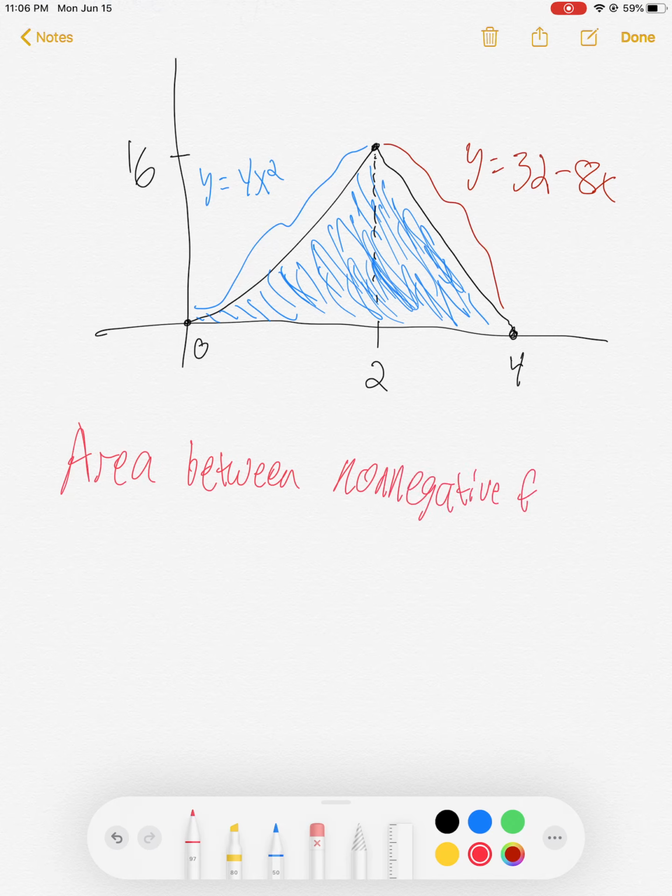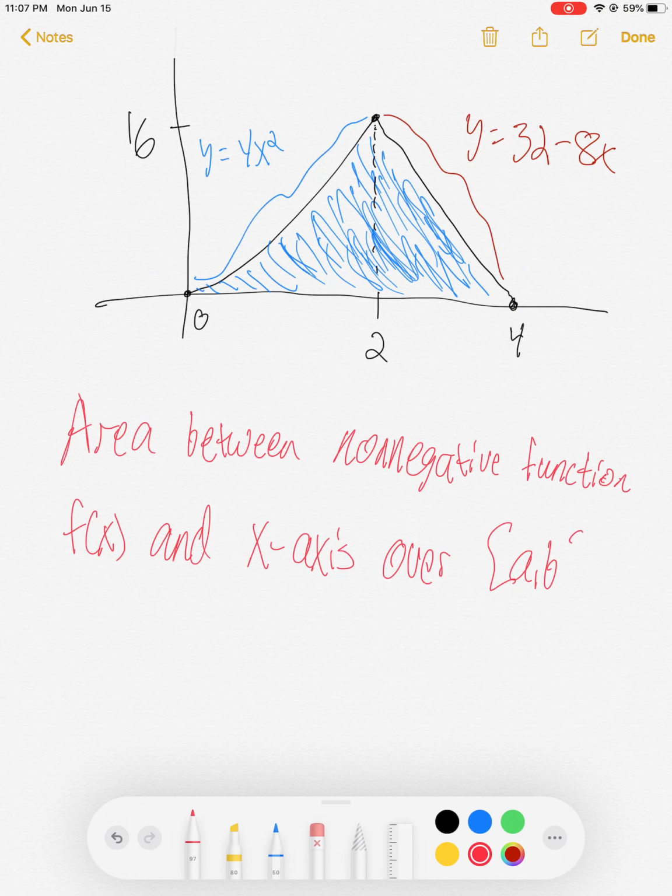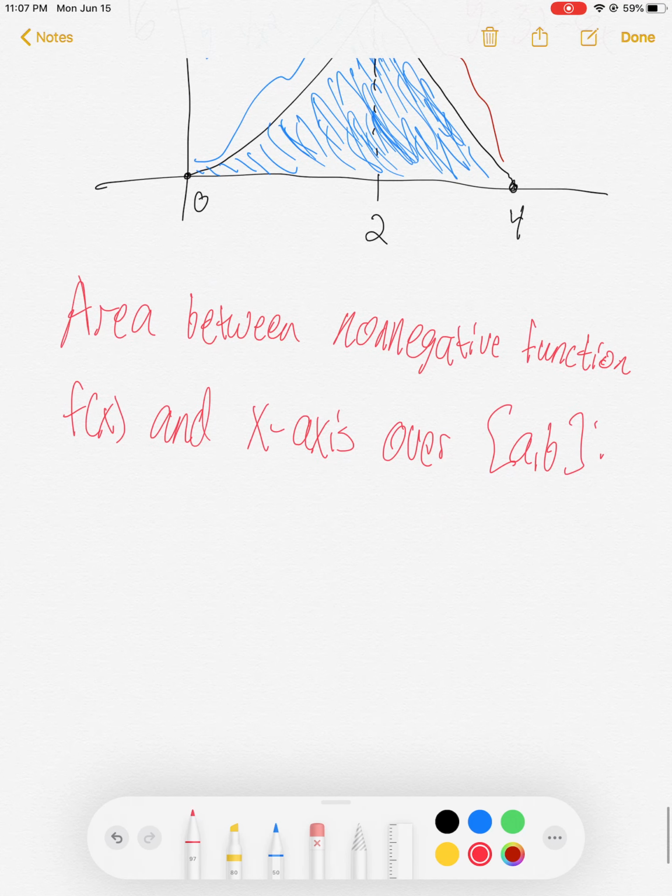So the way that we're going to find the area, we'll recall that the area enclosed between a non-negative function, things get slightly more complicated if things get negative, just because we're going to have to worry about canceling areas and stuff like that.